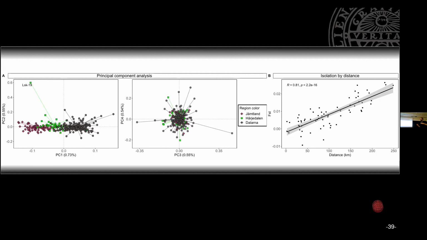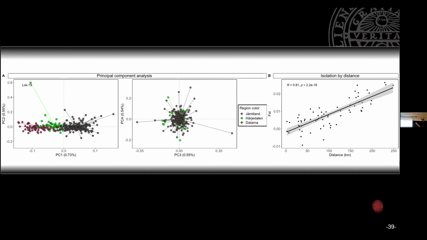So if you take these trees and you look at their genomes and you characterize different SNPs, they are like different positions in the DNA genome, and you can compare all of these individuals basically. So every point in the PCA plot is a different individual.